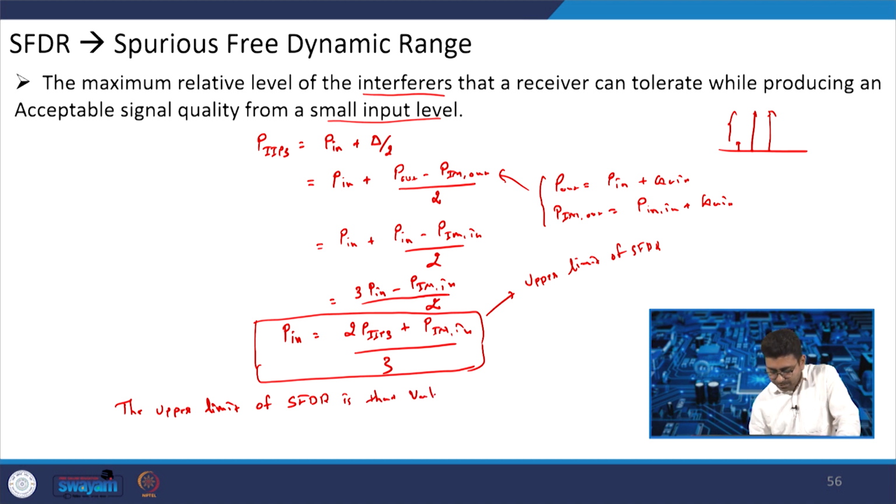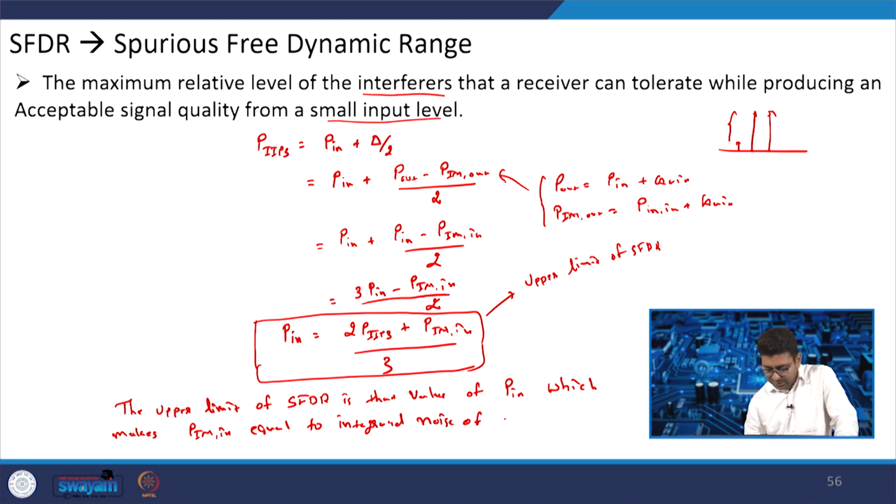value of P in which makes P IM in equal to the integrated noise of the receiver.